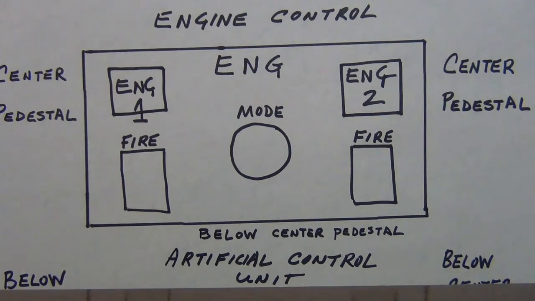And it's artificial feel. There are computer systems for that, etc. But there is that mechanical control quadrant that exists. And just know that it is obviously below the center pedestal, below the whole engine control area. Okay, the artificial feel unit has different assemblies.